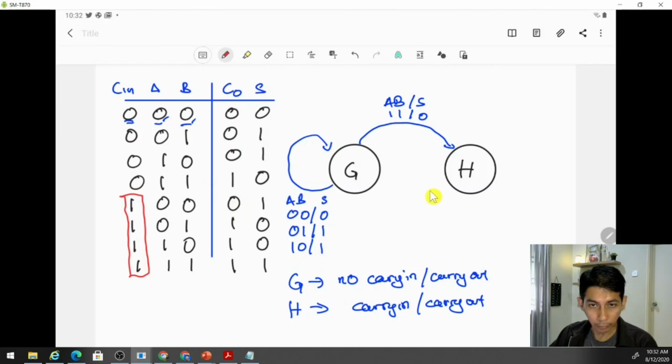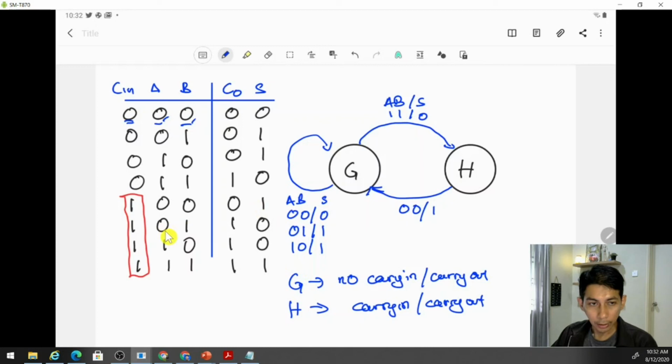So if no carry, we should go back to G. So 0, 0, and the output S should be 1. And we go back to state G, because there is no carry out. So you need to go back to G, because our specification says that if no carry out, we should be in G.